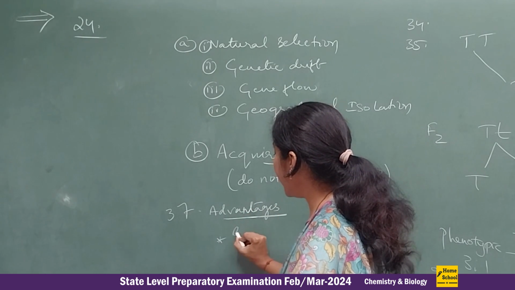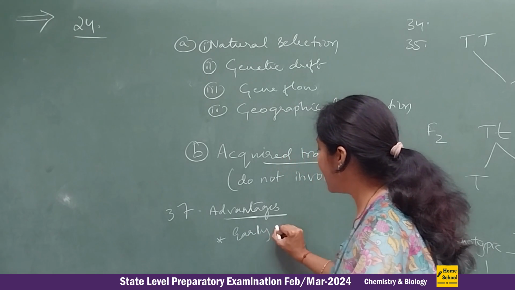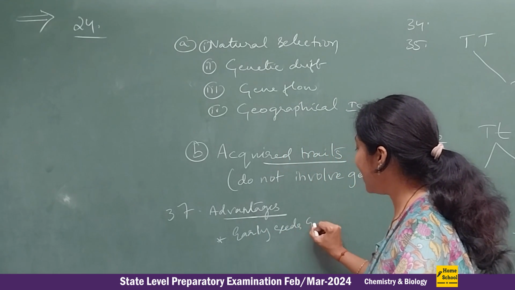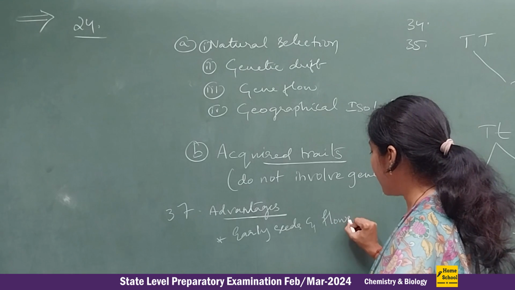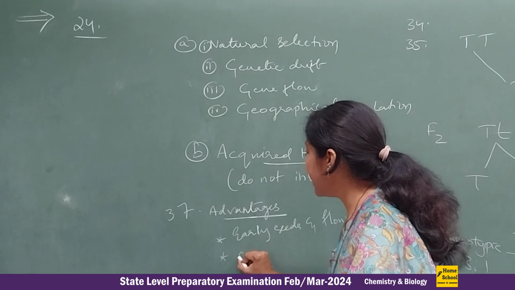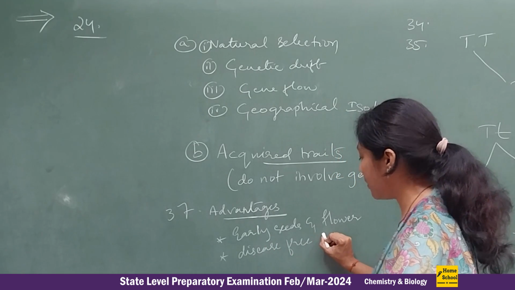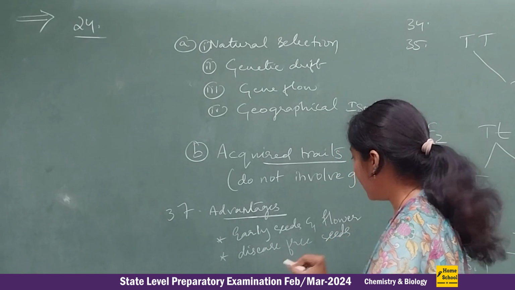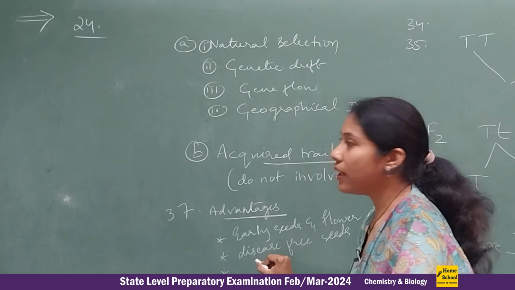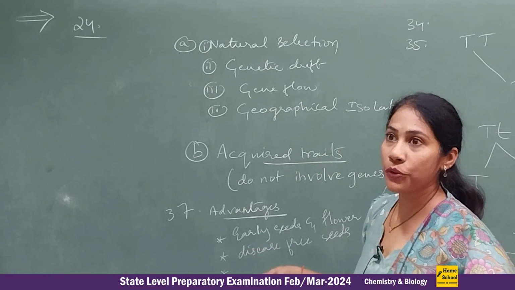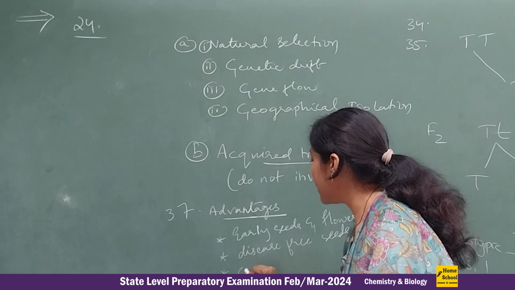You will get early seeds and flowers. Okay. And you will get disease-free seeds. Disease-free seeds you can get, right? And you can also produce or cultivate the commercial crops.